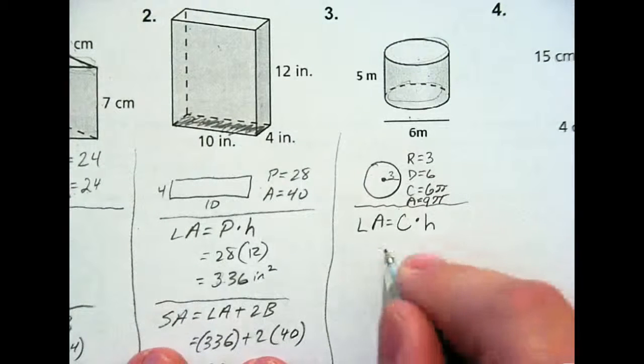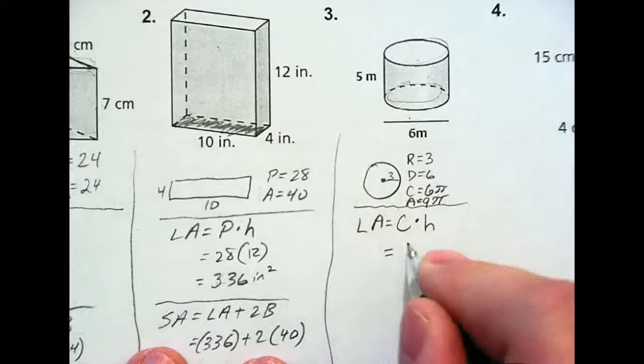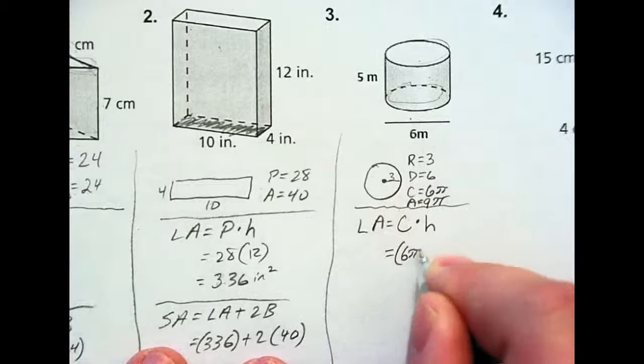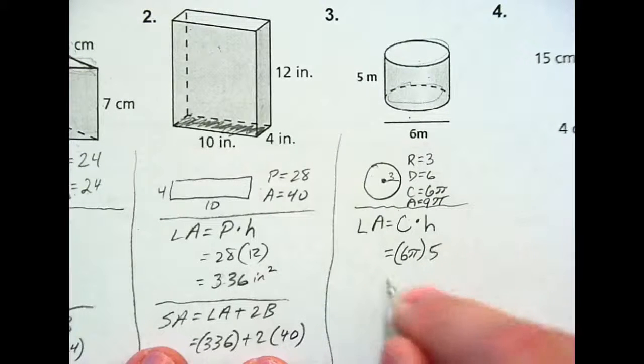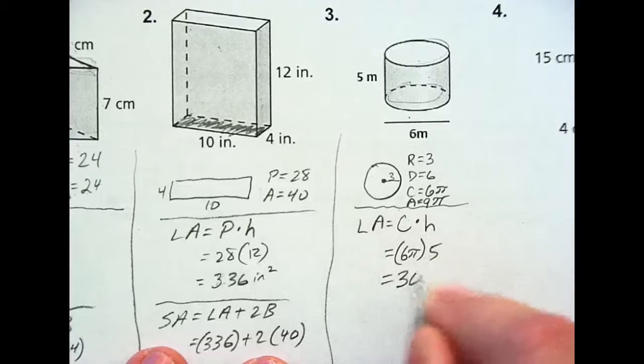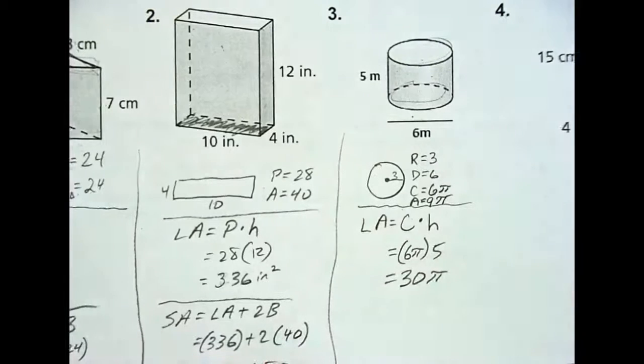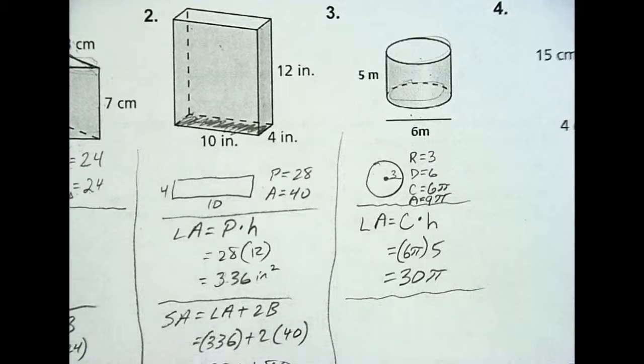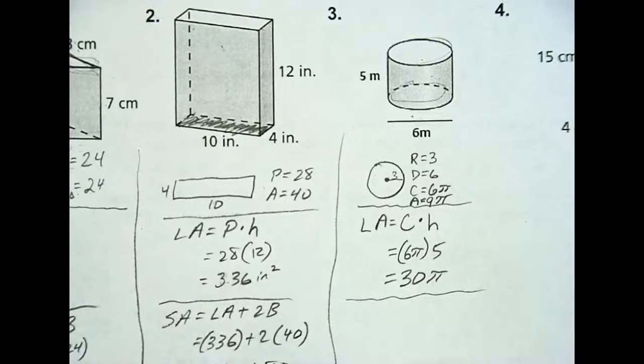All right? So lateral area is circumference, 6 pi, times height, which is 5, or in terms of pi is 30 pi. Now you'll notice I'm not going to change that at all. I'm going to leave it like that because what do I do with the lateral area? All right, I'm starting to lose people. What do I do with the lateral area?